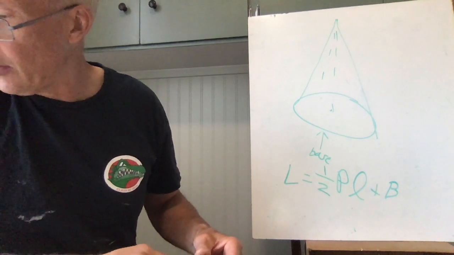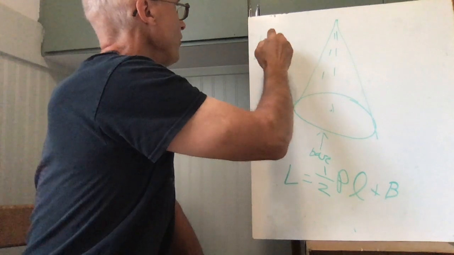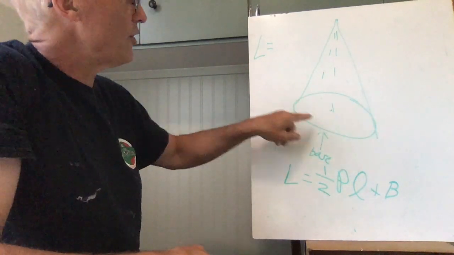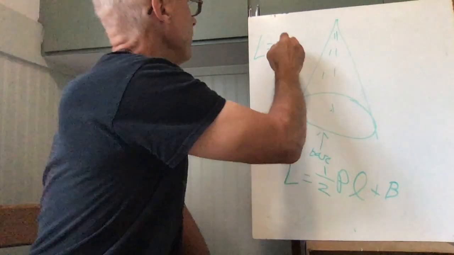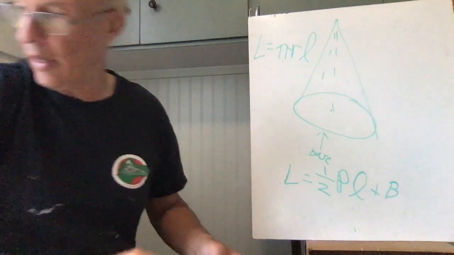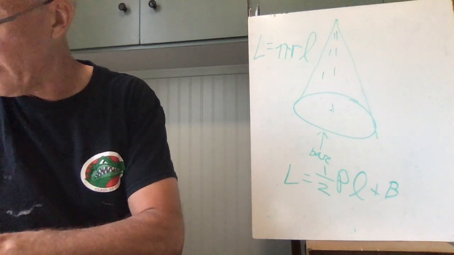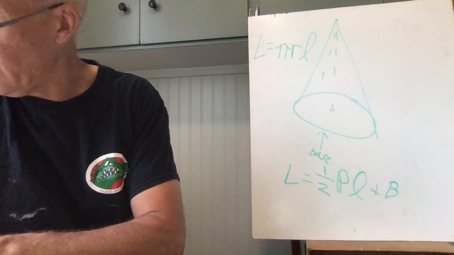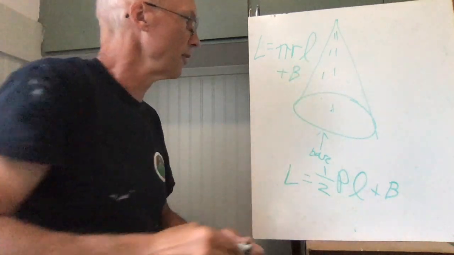And so the lateral surface area of a cone is going to be, we're going to have to do something with a circle. So it's pi times the radius times the slant height. That's on page 775, right in the middle. And if you want the surface area of a cone, of course, then you're going to have to also add in the base.